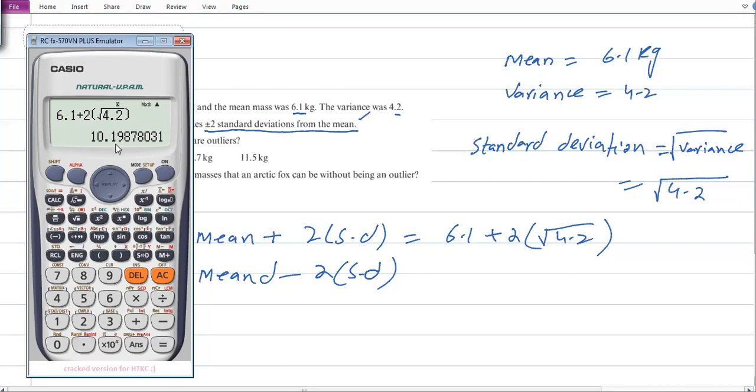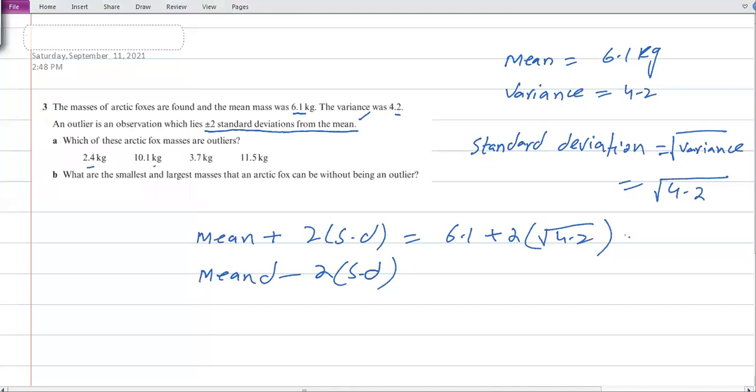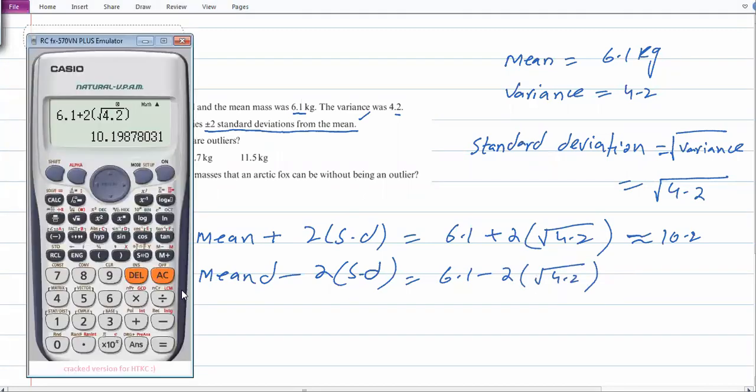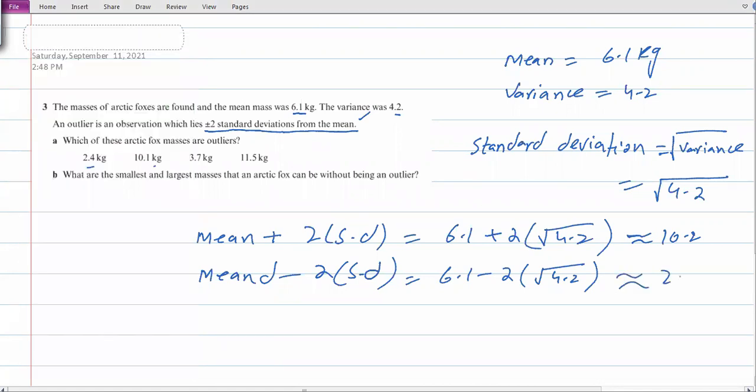If I round to one decimal place it becomes approximately 10.2. Then take mean minus 2 into square root of 4.2, so that will be 6.1 minus 2 into square root of 4.2, which is approximately 2.00.